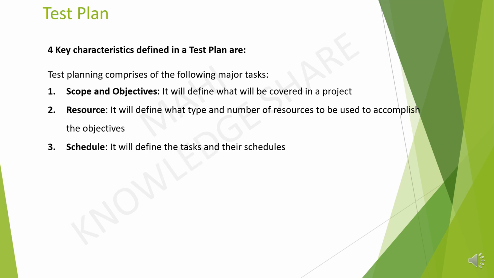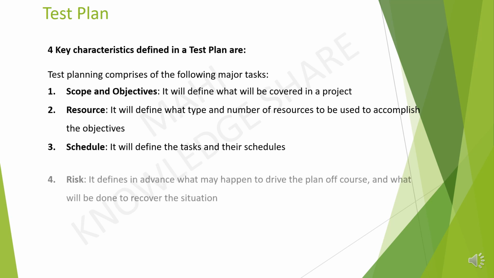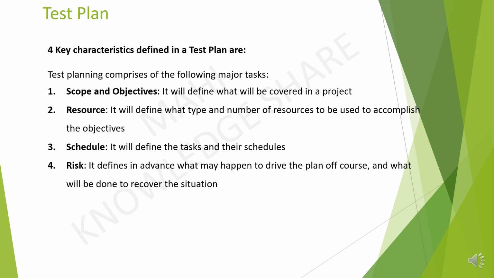Schedule. It will define the tasks and their schedules. And the last, 4. Risk. It defines in advance what may happen to derail the plan and what will be done to recover the situation.